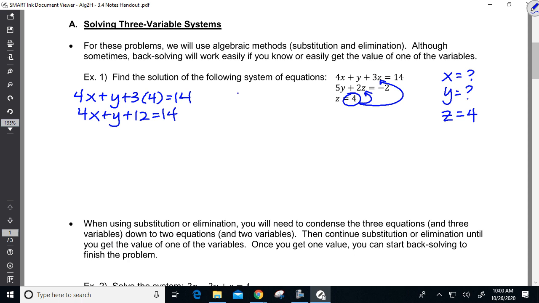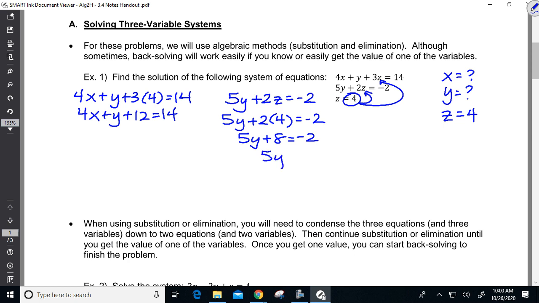But 5y plus 2z equals -2. If I put in 4 for z, 5y plus 8 equals -2. That can be solved now. 5y equals -10, y equals -2.